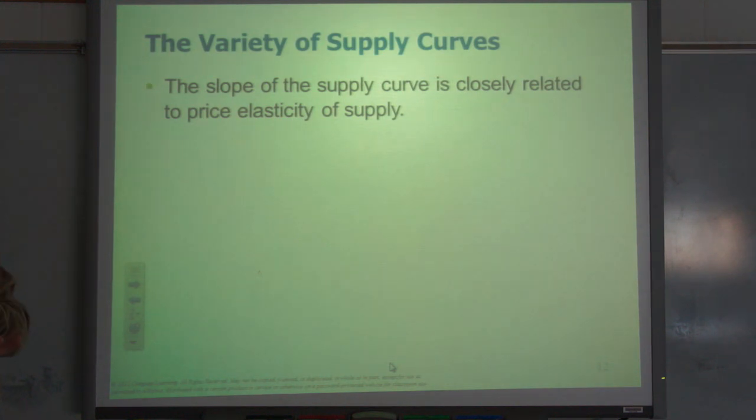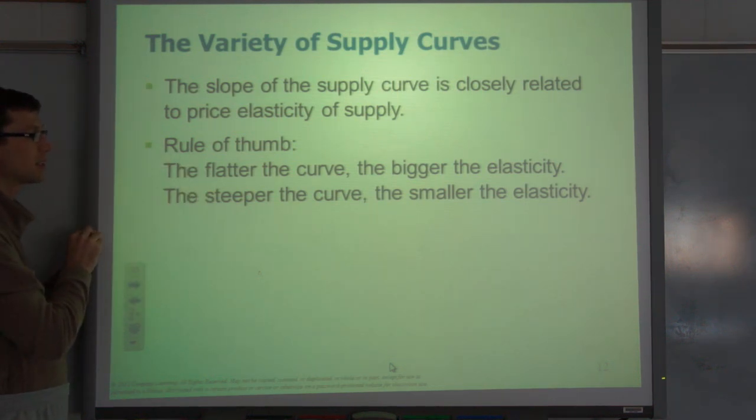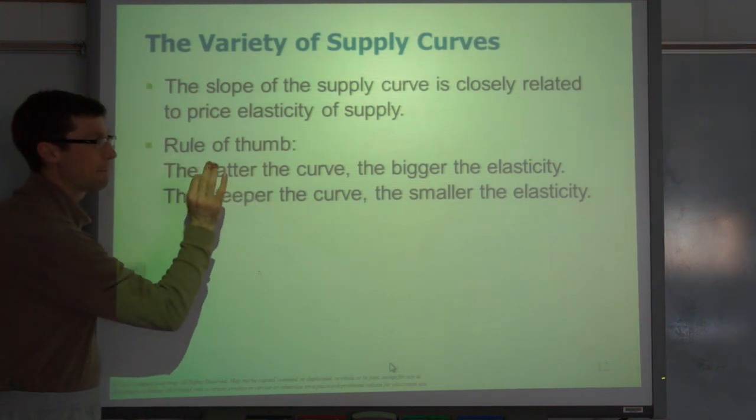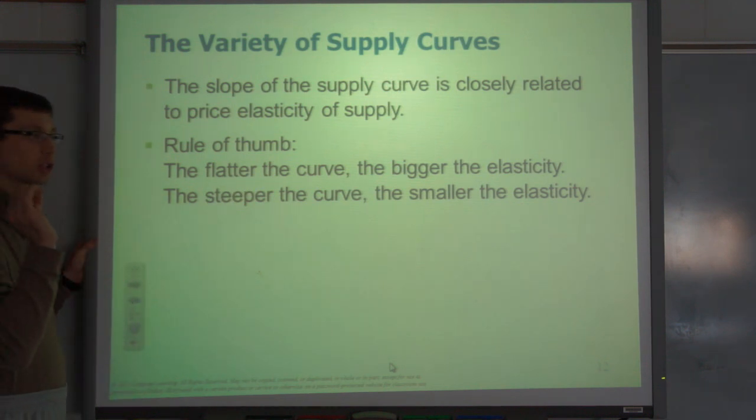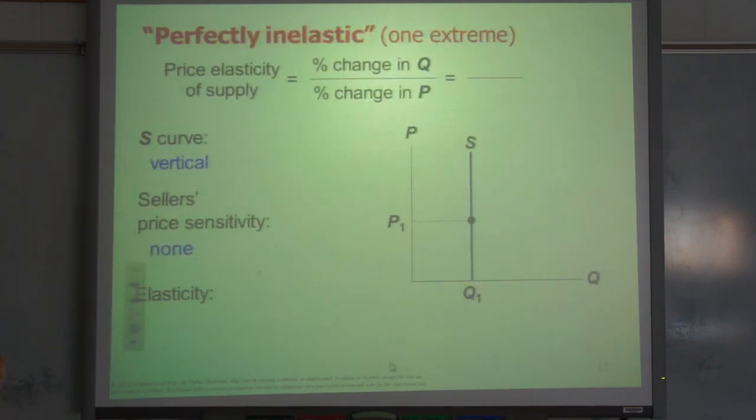And just as we had 5 curves for price elasticity of demand, we're going to have the same for supply. The slope of the supply curve is going to be very much related to the elasticity. Just as with price elasticity of demand, the flatter the curve, the bigger the elasticity, the more response. The steeper the curve, the more insensitive, the smaller the response. 5 different classifications. Here we go.